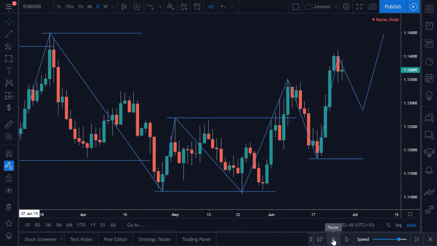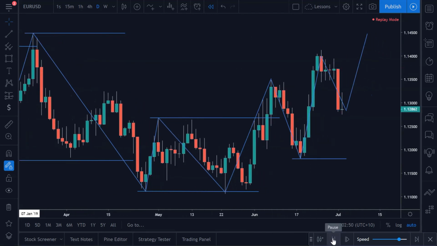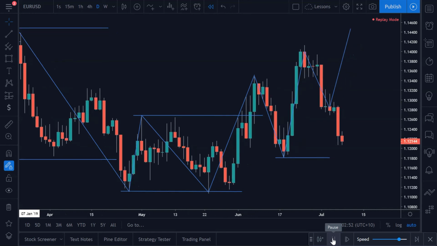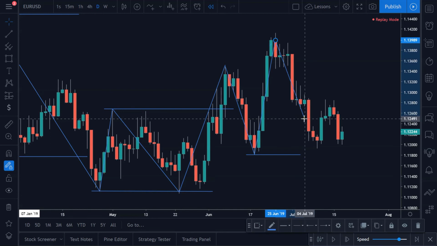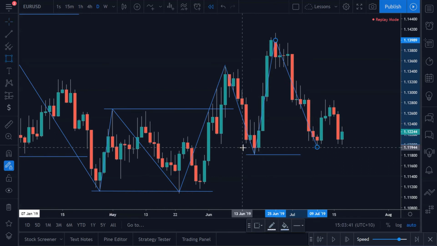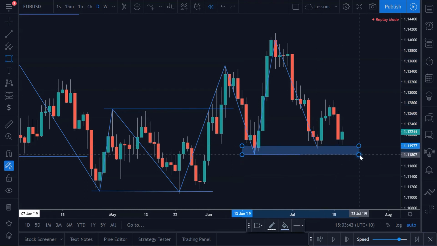So let's play the market forward and see what happens. So you can see that this market, after making a 1, 2, 3 move, has pulled back, but not closed below these lows. This is the last line of defense in this bullish trend. Remember that.